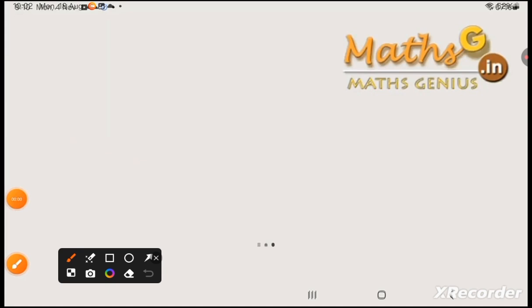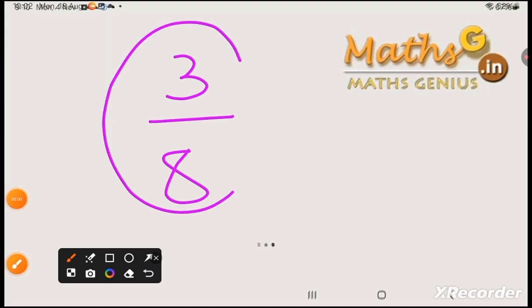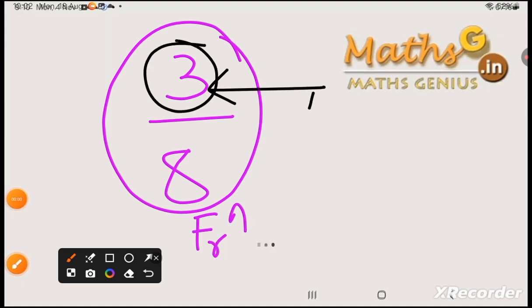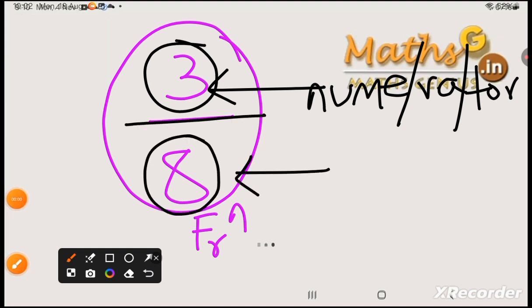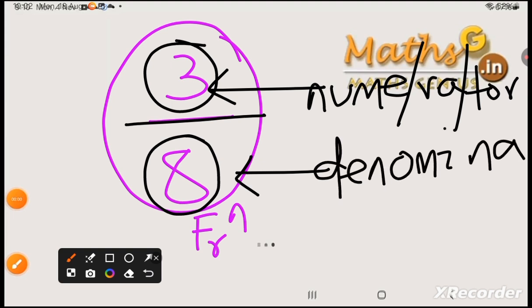Now, when we write a fraction, let's say 3 by 8, the whole thing is a fraction, but the different parts of it have names. The upper part is called the numerator. The part below the line, below that is known as the denominator.